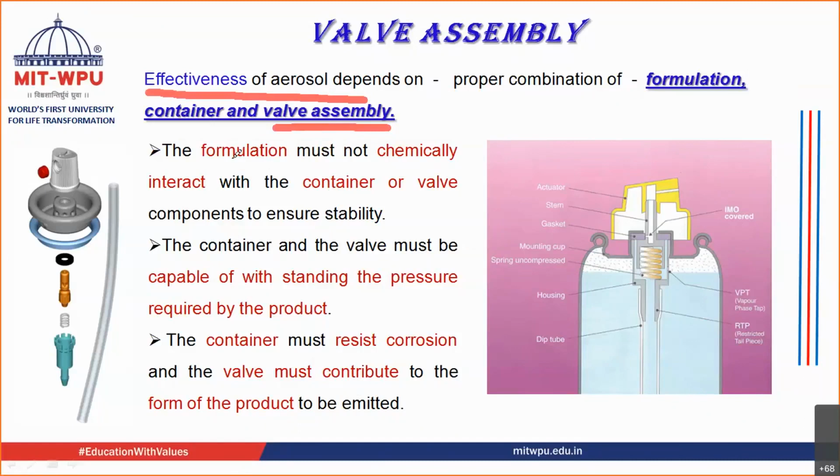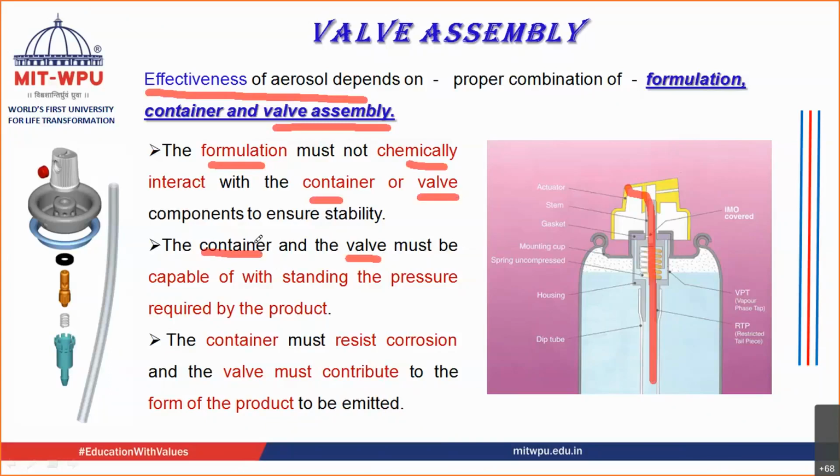Now, this formulation must not chemically interact with the container, and it should not chemically interact with your valve also. Now the container and the valve both, you want the container and also you want the valve. This is the valve, it is starting from here and it is ending at the dip tube.